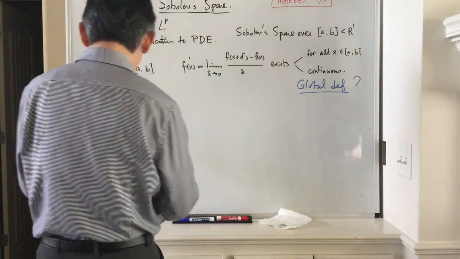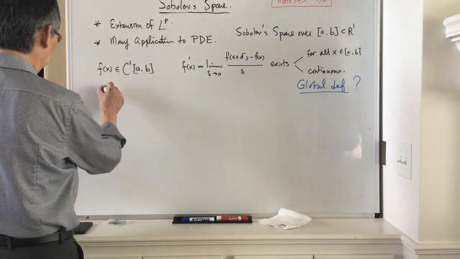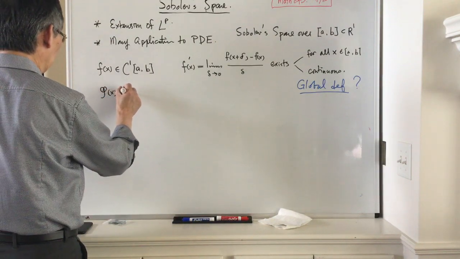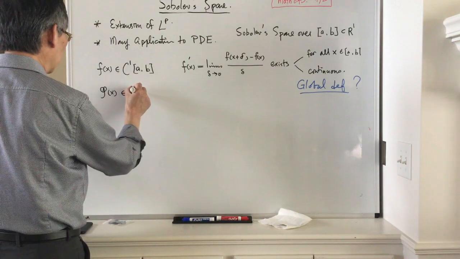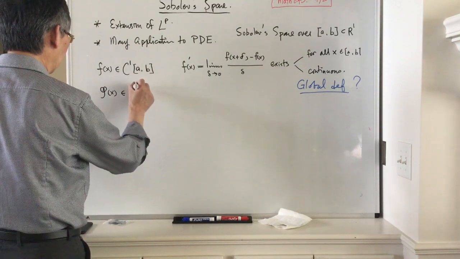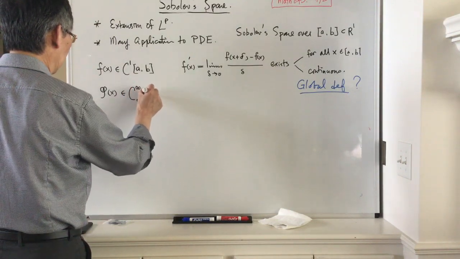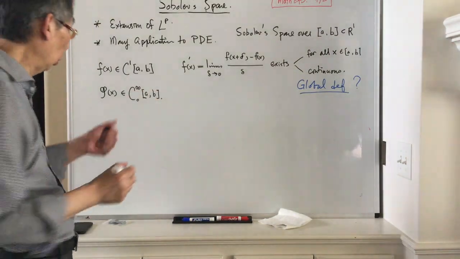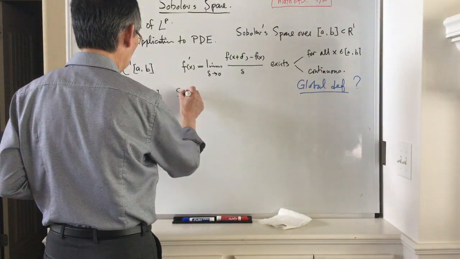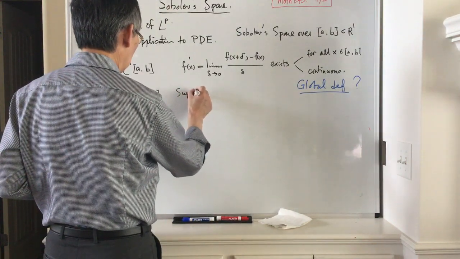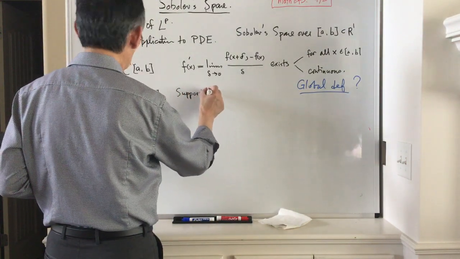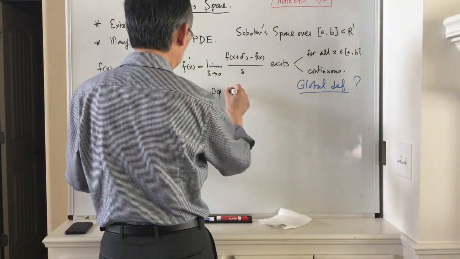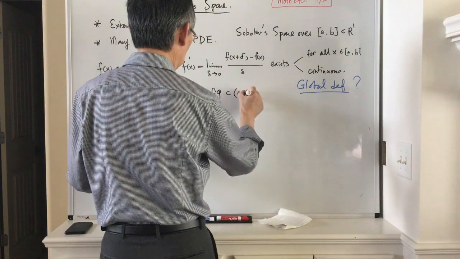Okay, so let's make some observations. Let's pick a function, and define the function phi(x). Now phi(x) is considered a testing function. So this phi(x) is always considered to be in C0 infinity (a,b). So it's infinitely differentiable and also has compact support. So the support of phi is actually inside (a,b).